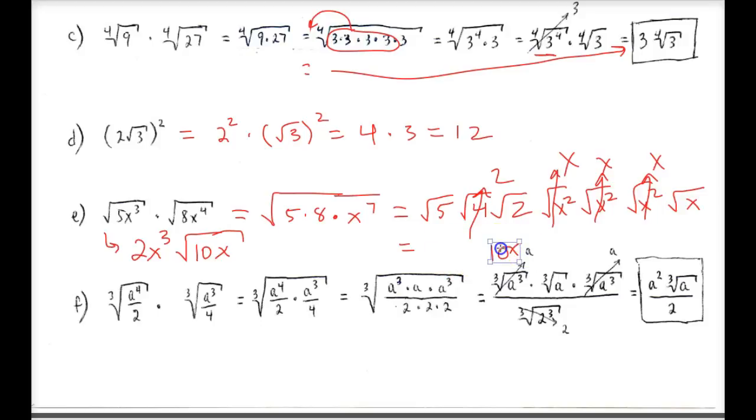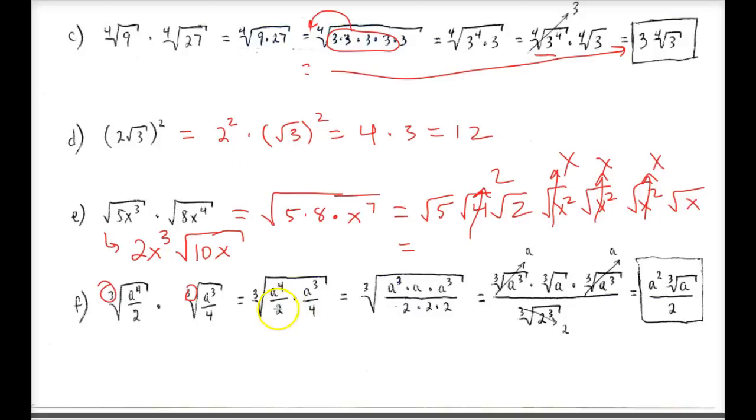Now, for the next example here, we see that we're going to be using the quotient rule. And so if we look, we have the cube root of a to the 4th divided by 2 times the cube root of a cubed divided by 4. And of course, since they both have the same index, we can combine everything together under the radical.